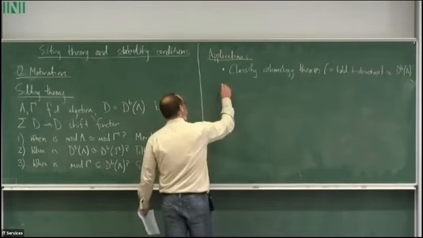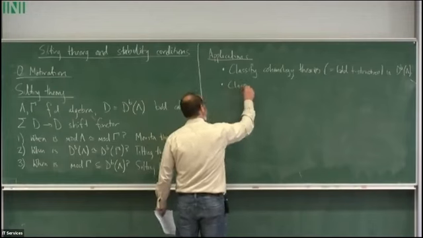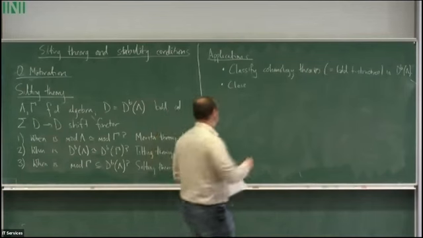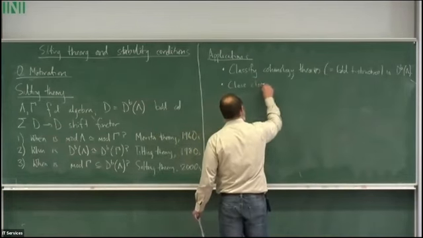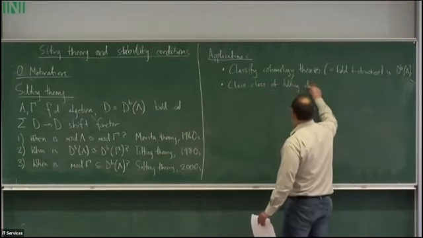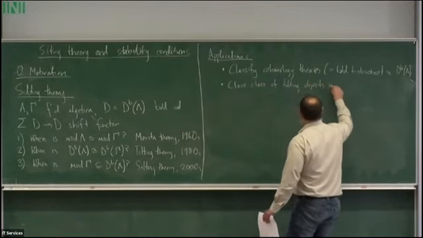The reason it saw a resurgence in the 2000s is that silting objects close the class of tilting objects under mutation.